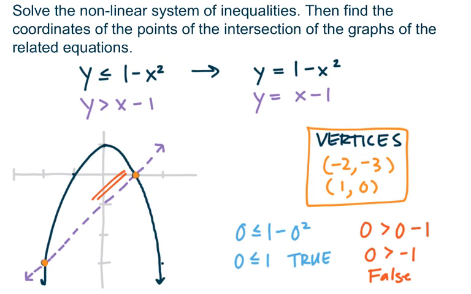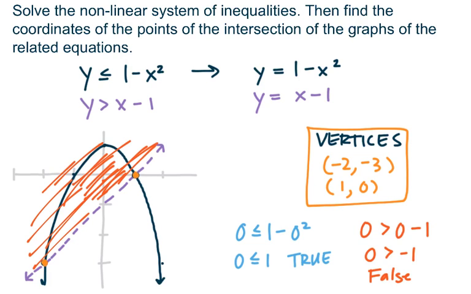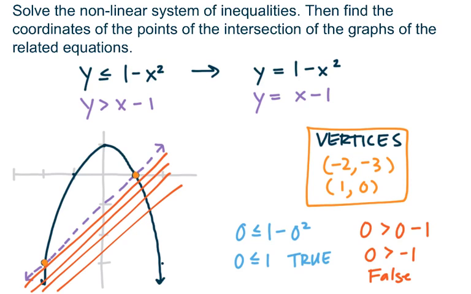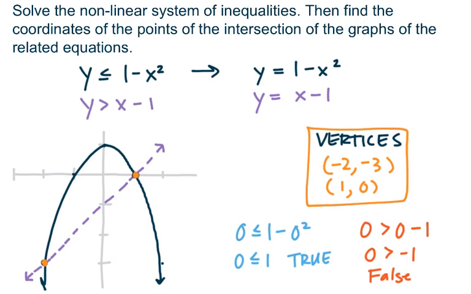So should I shade above the line in this situation? The answer is no. We need to shade the region that is below the line, and then also the region which is inside or under the parabola, which gives me a final solution set.